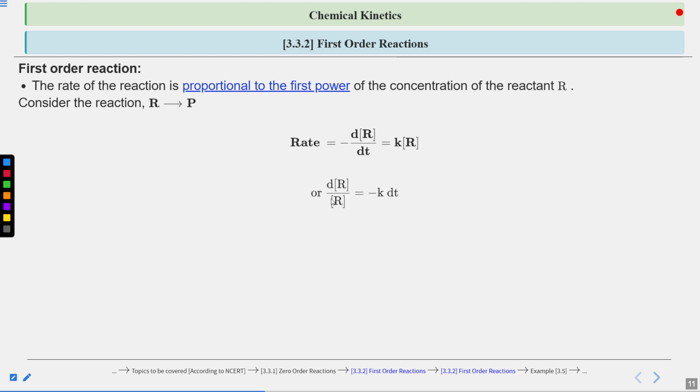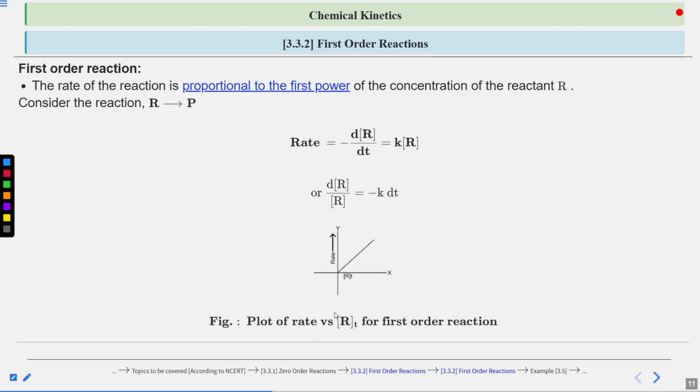So we can also write it as dR by R is equal to minus k dt. We take the same variable on one side and the other variable on the other side. And this is the graph of rate and the concentration of the reactant, a straight increasing line.